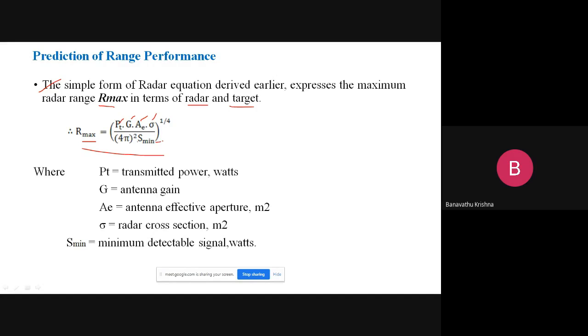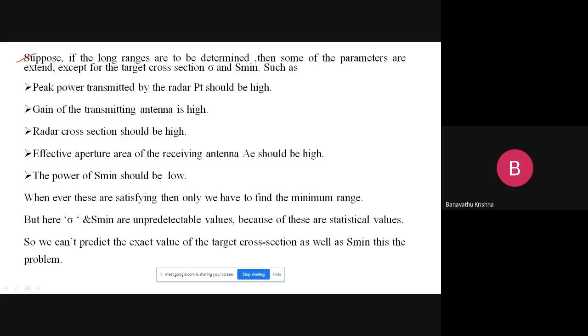If it is not able to give an exact calculation, why is that? Suppose the longer ranges are to be determined, then some of the parameters in that equation must be extended, except for the target cross section sigma and S minimum.